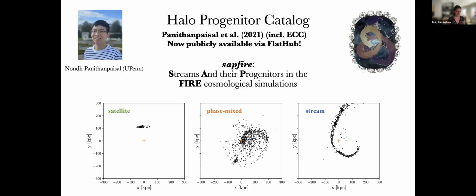But before I get into the details, I have to acknowledge that this work would not be possible without the work from Nondh Panithanpaisal, who is this awesome grad student at University of Pennsylvania, working with Robyn Sanderson. He wrote a really cool paper on streams in the FIRE simulations, and he has this catalog that's publicly available. So if you're interested in playing with streams in FIRE, you can go check it out on FlatHub.